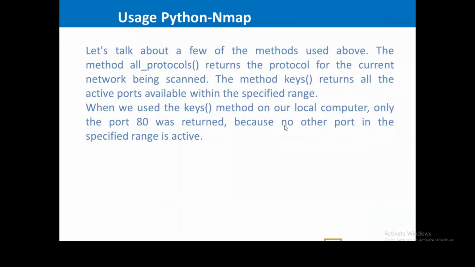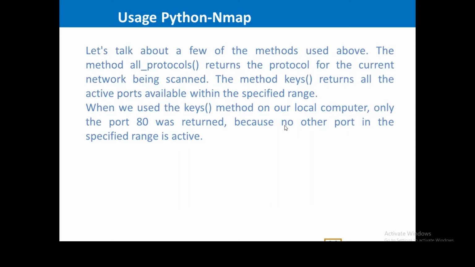Let us talk about a few of the methods used above. The method all_protocols returns the protocols for the current network being scanned. The method keys returns all the active ports available within the specified range.